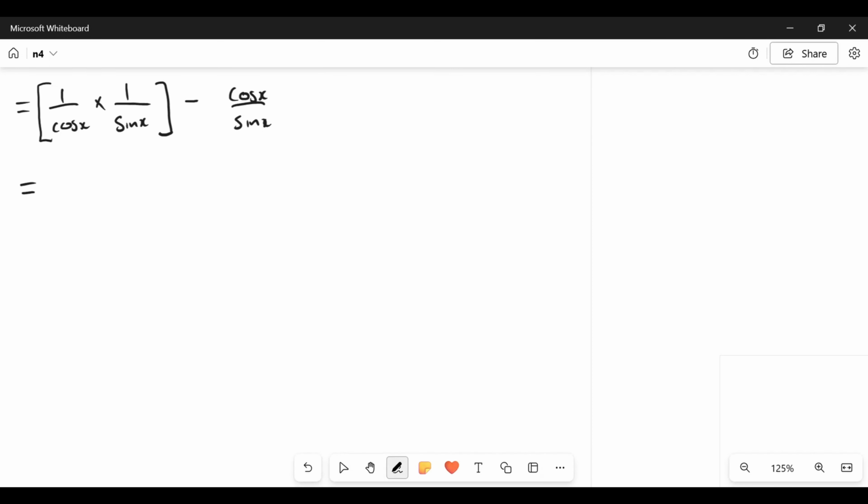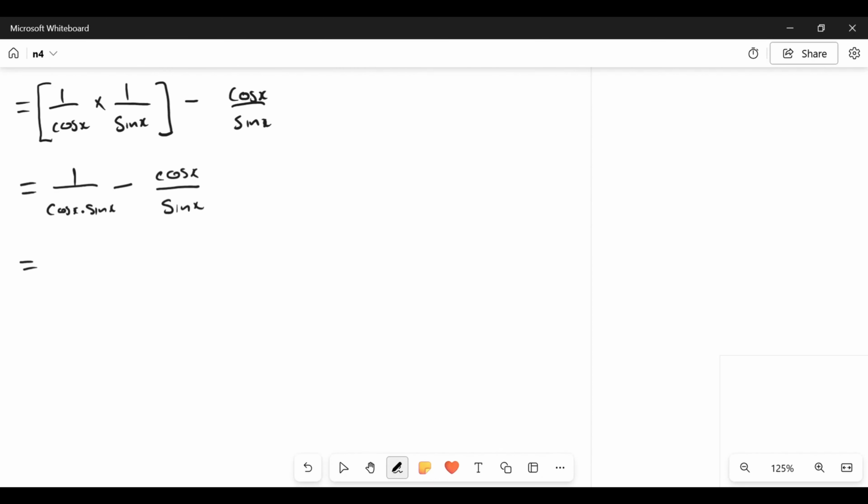All right, let's look at the first bracket. When you look at the numerator, we have 1 multiplied by 1, so we're going to have 1 on the numerator. Then on the denominator, we're going to have cos x multiplied by sine x. Now the second term here is cos x divided by sine x.